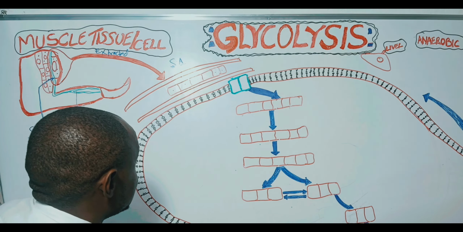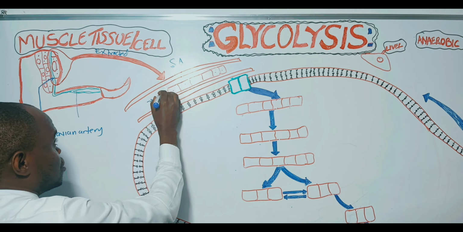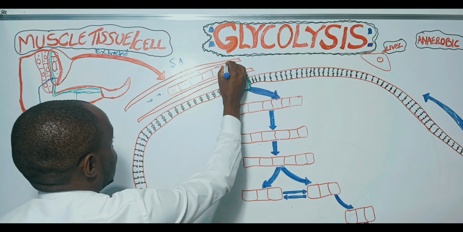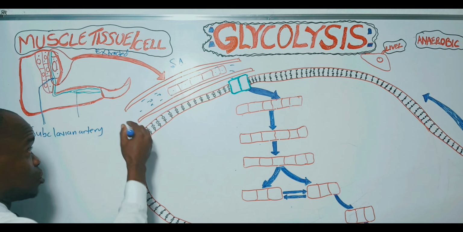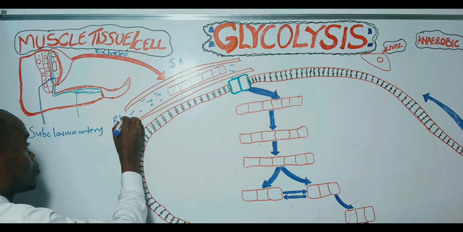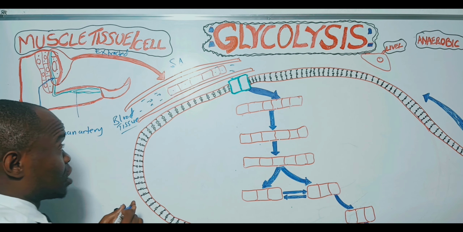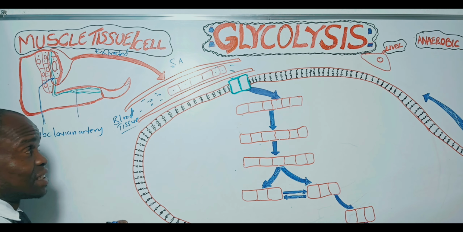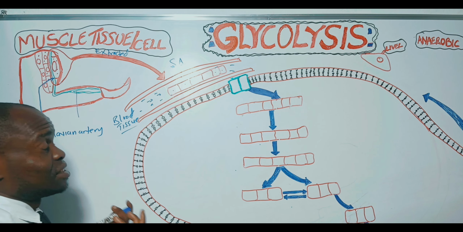Now this subclavian artery contains blood. This is blood tissue. This blood tissue consists of nutrients like amino acids, very many nutrients, the ions and so on.